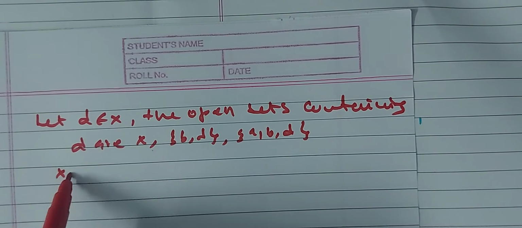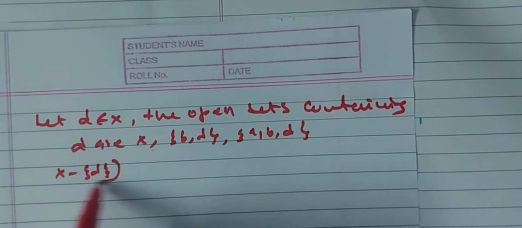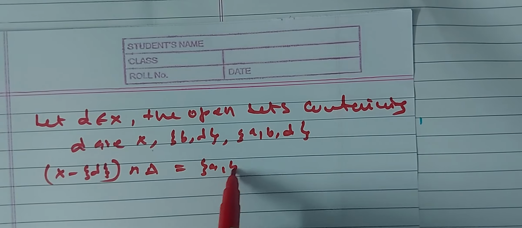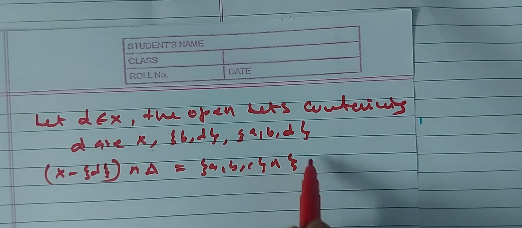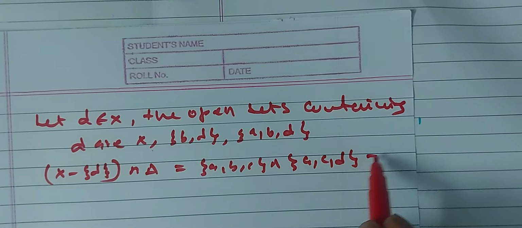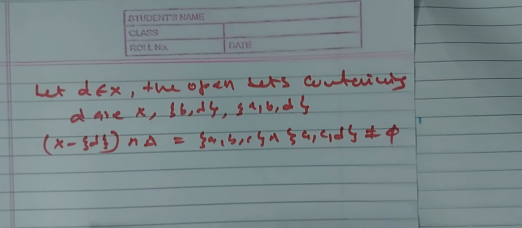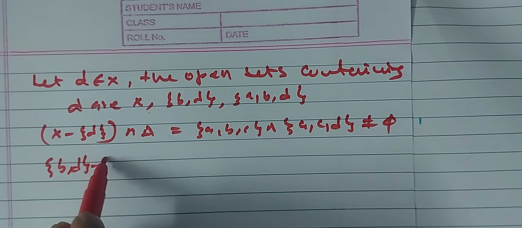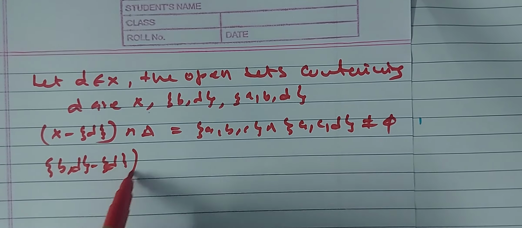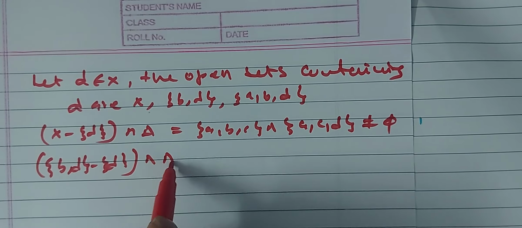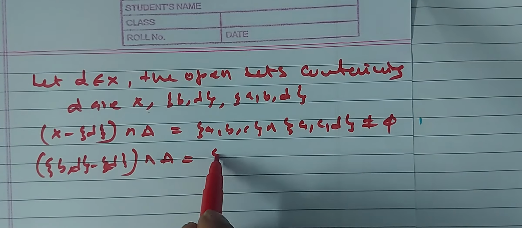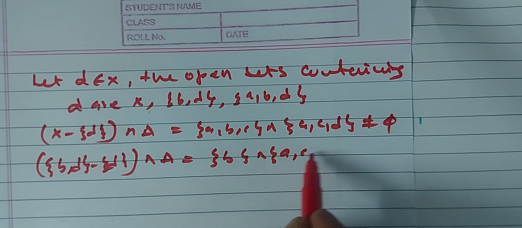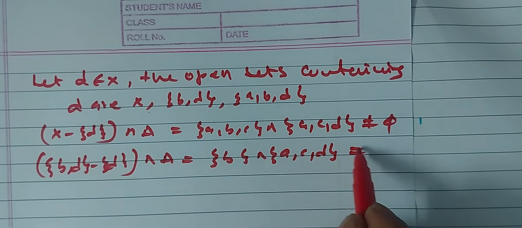Next, (X minus {d}) intersection A is equal to {a, b, c} intersection {a, c, d}, which is not equal to empty set. Next, the second set {b, d} minus {d}, intersection A is equal to {b} intersection {a, c, d}, so it is equal to empty set.